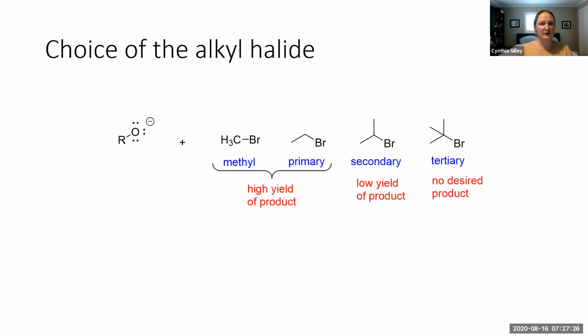Instead, exclusively you'll get E2, and you will not produce any of the desired product at all, and get essentially no yield. So to summarize, it's much better to have an unhindered, preferably methyl or primary alkyl halide in the Williamson ether synthesis.